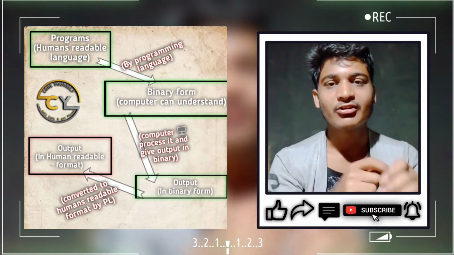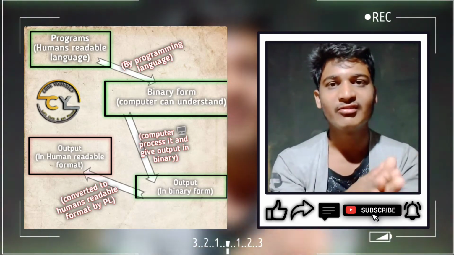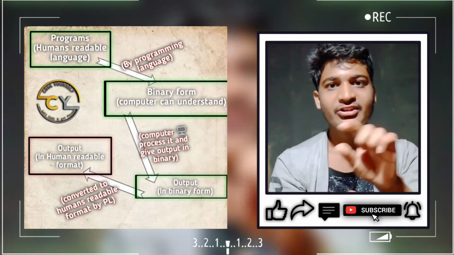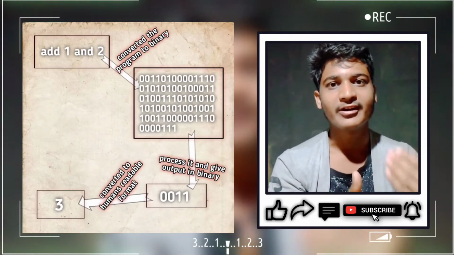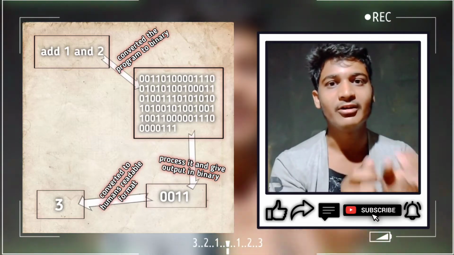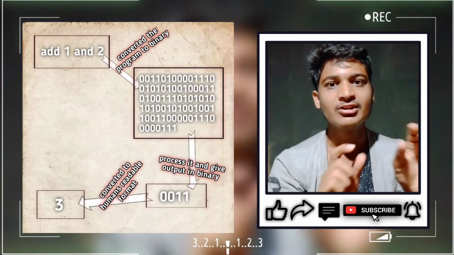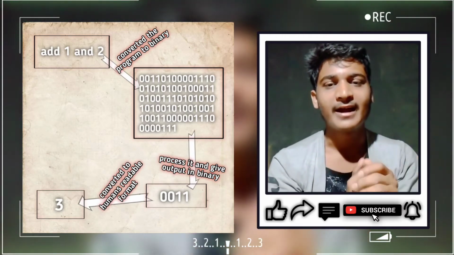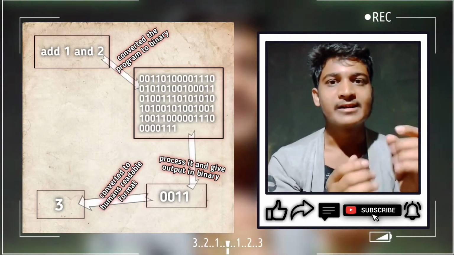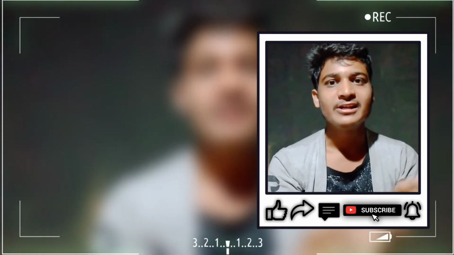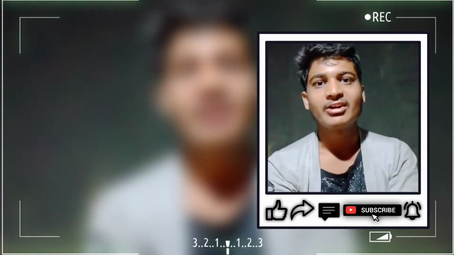After processing the command, the computer gives a reply in binary form, and this binary is converted into human readable language with the help of a programming language and shown on the screen, so the human can get the answer easily.